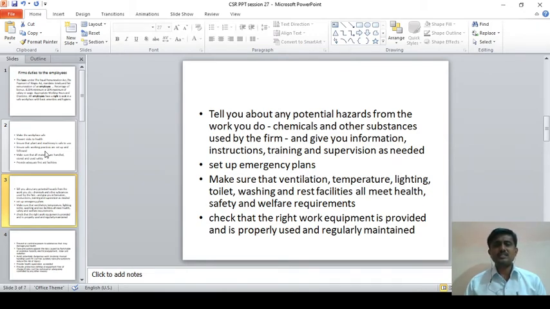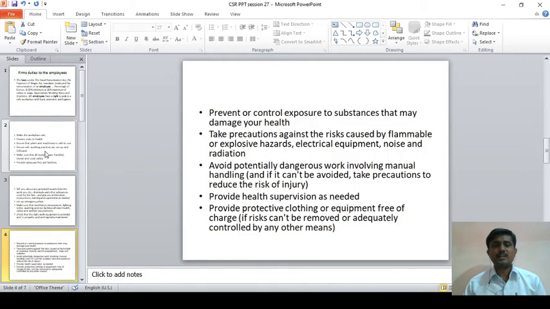Next one is check that the right work equipment is provided and is properly used and regularly maintained, for smooth working in an organization.